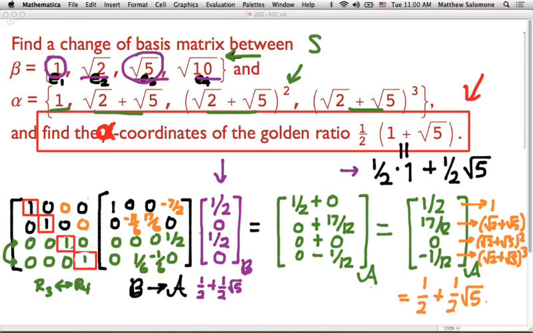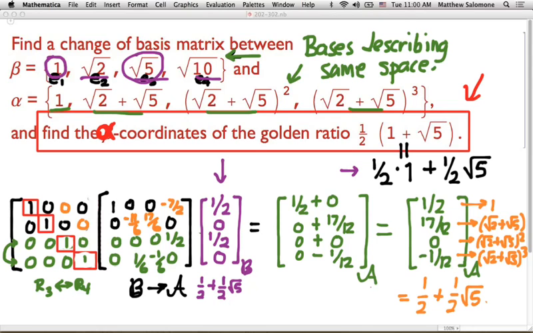So these bases describe the same vector space, which is not obvious in the beginning. But if we can show that there is an invertible change of basis matrix that takes one into the other, then those vector spaces have got to be exactly the same. Which was a big result for us in abstract algebra 2.